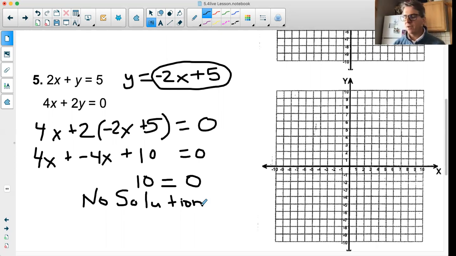But you have different starting points on the y-axis. So again, you're not obligated to use the graph. I had it here just in case we wanted to use it. Let's move on to number 6. 2x minus 4y equals 10, and -12x plus 24y equals negative 60.